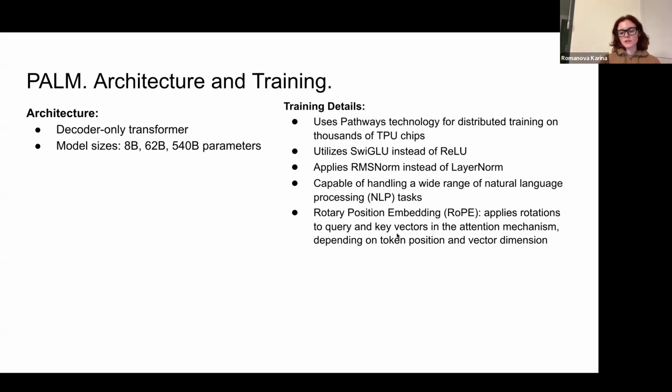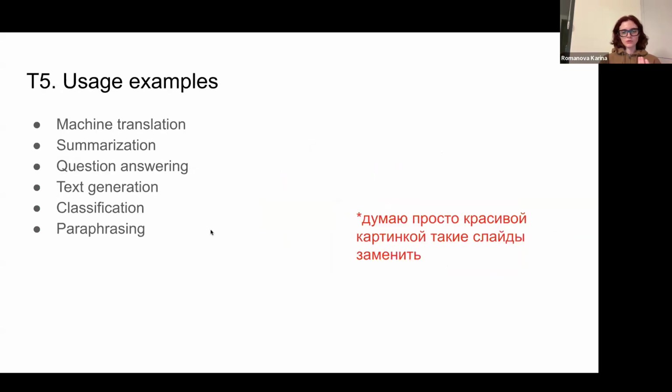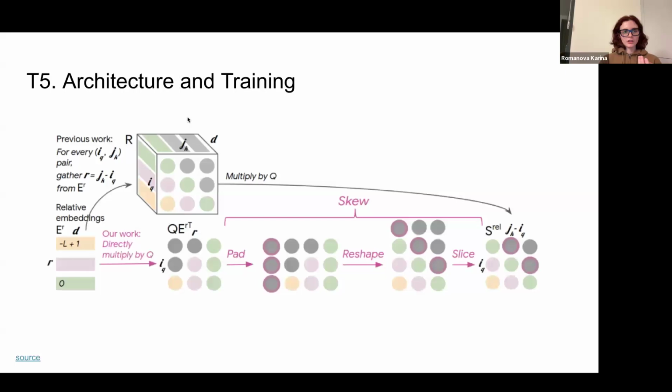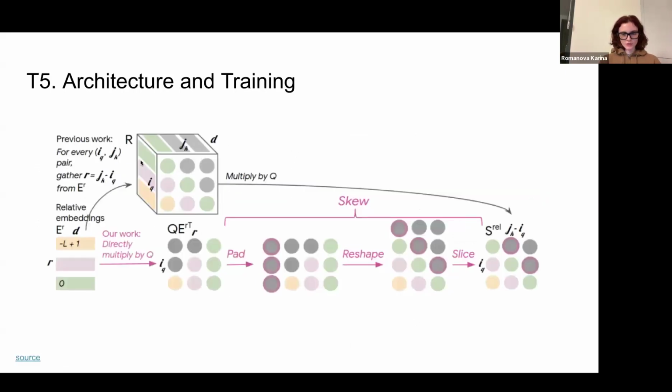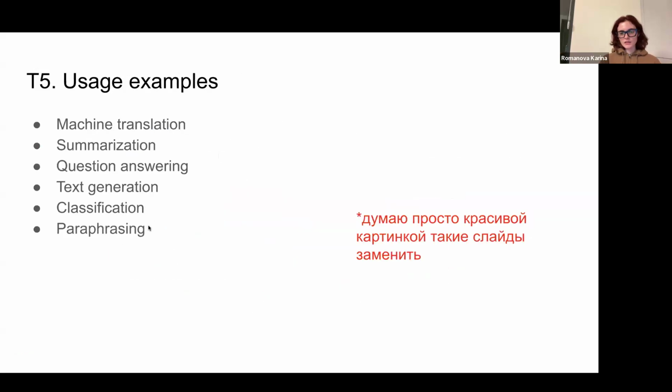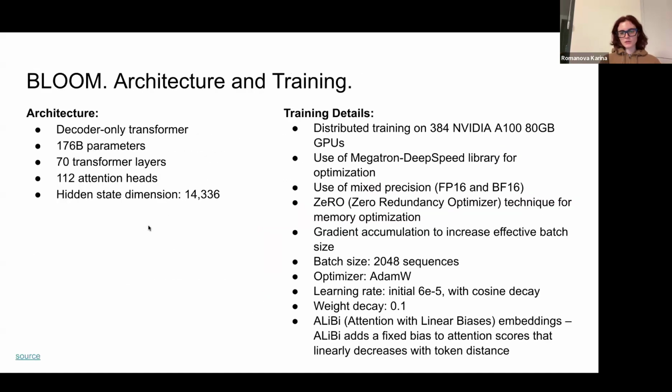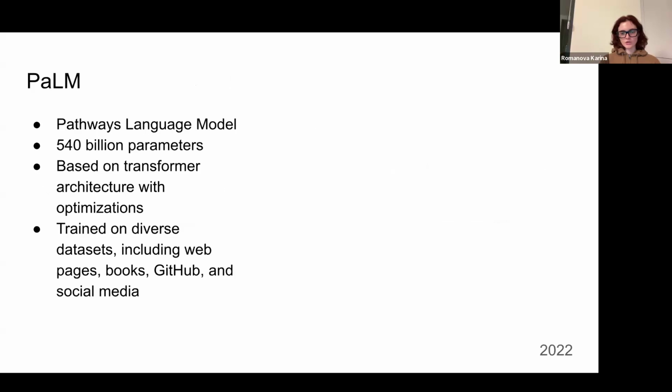We had some tricks with models in the T5 architecture, when we used relative positional encoding, this one, and it increased context size too.